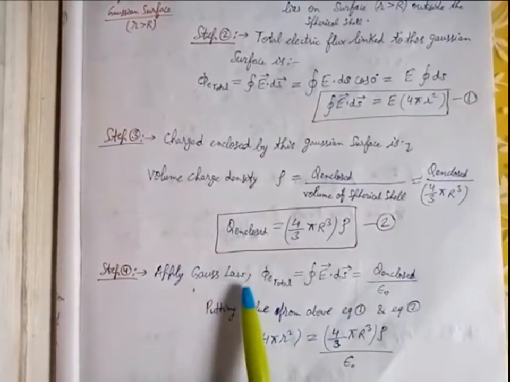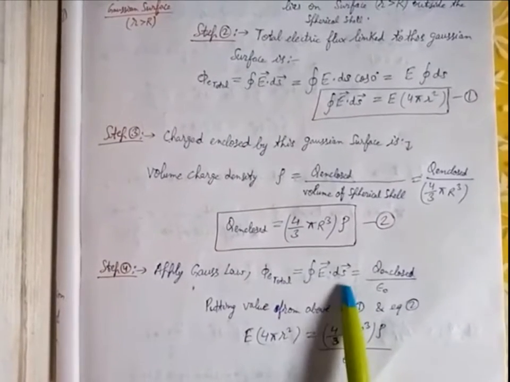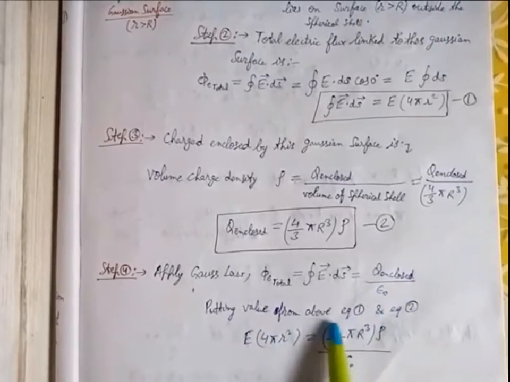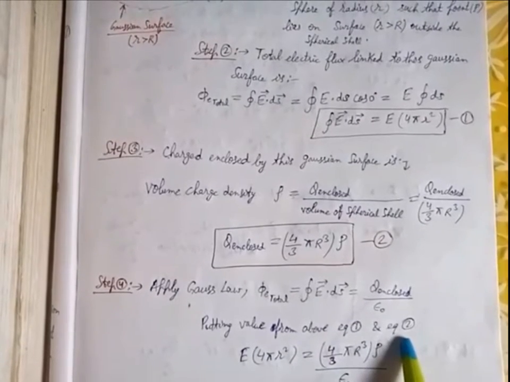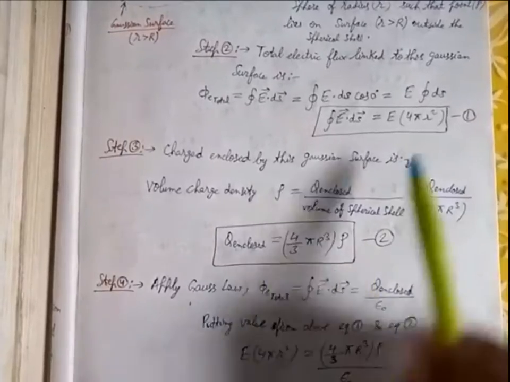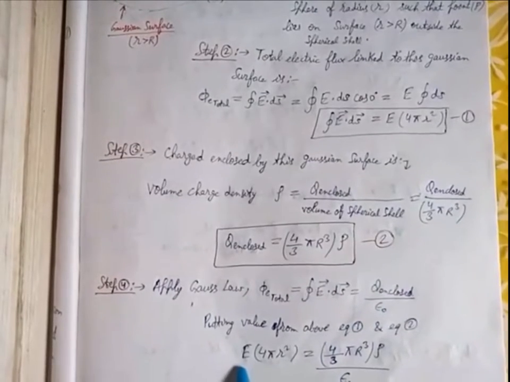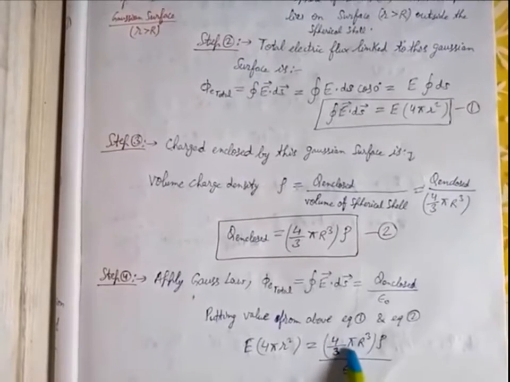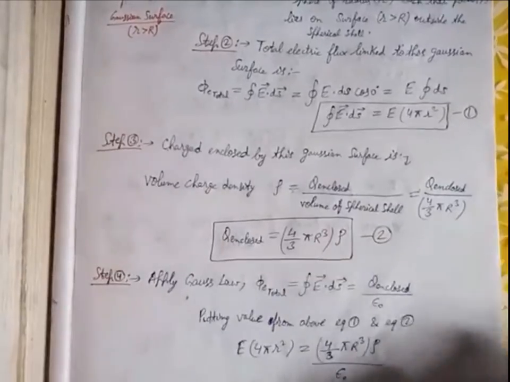Now in step 4, apply the Gauss law, that is total electric flux, closed integral E dot ds, is equal to charge enclosed upon epsilon naught. Putting the values from the above equation 1 and equation 2, we are getting E multiplied by 4 pi r square is equal to 4 by 3 pi R cube into rho divided by epsilon naught.